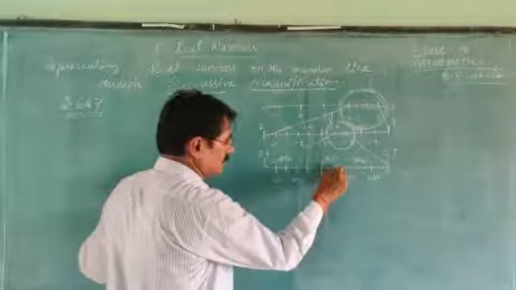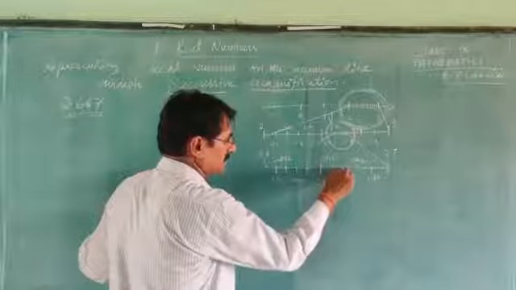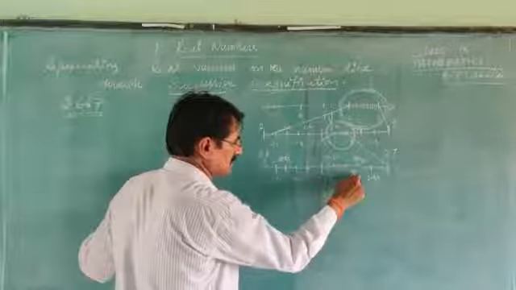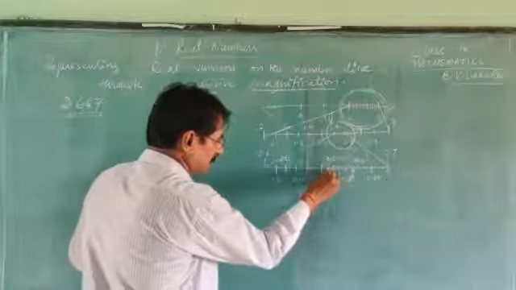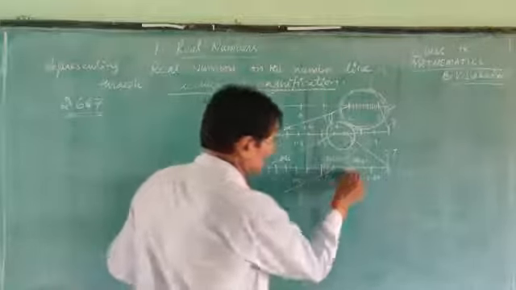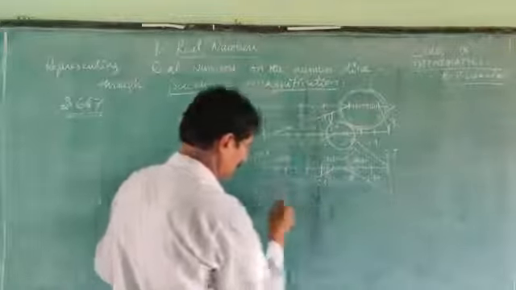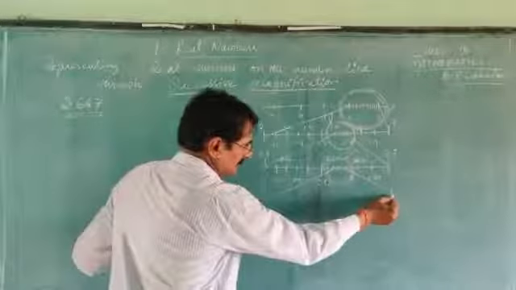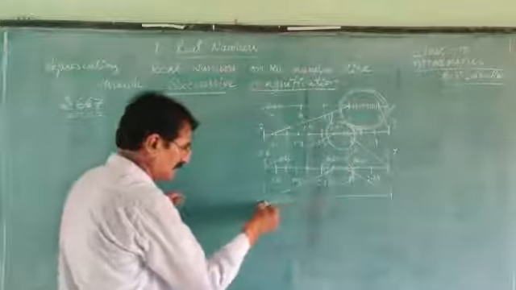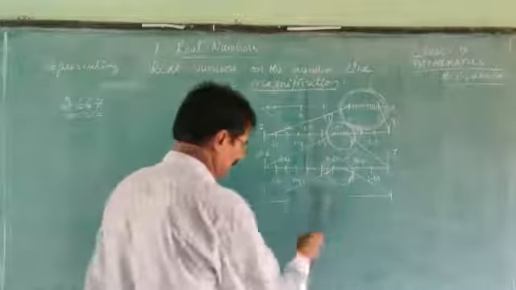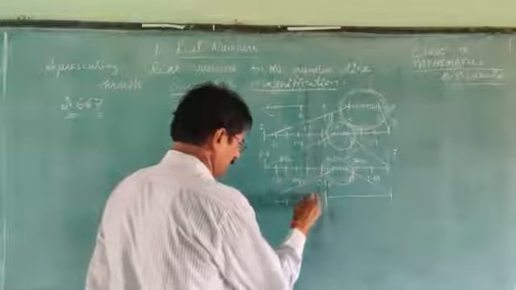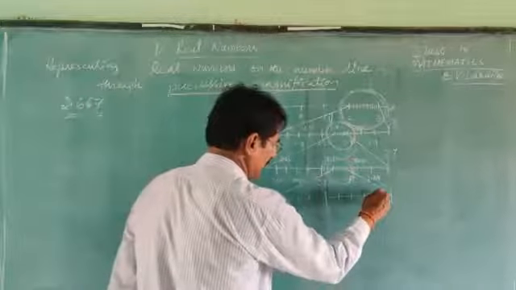So again divide this portion into 10 equal parts and put the glass on it. Now divide: 2, 3, 4, 5, 6, 7, 8, 9, 10.